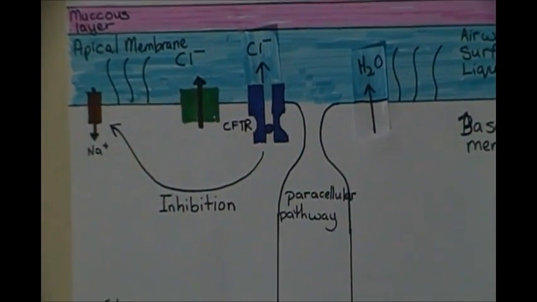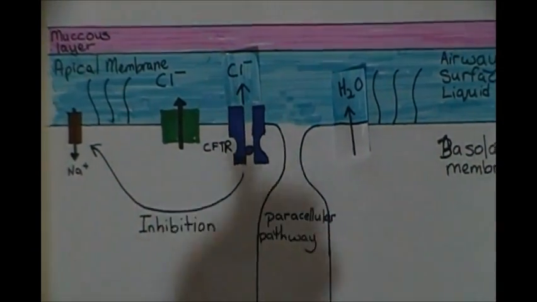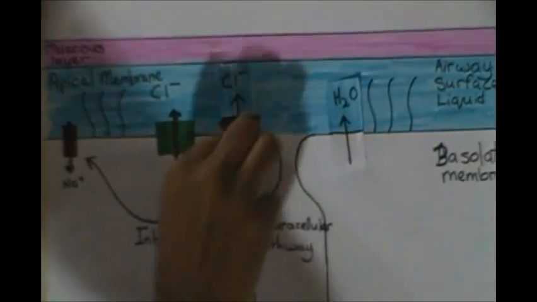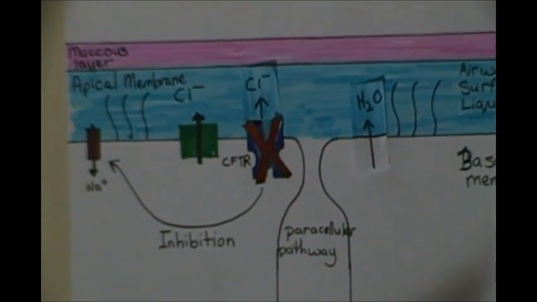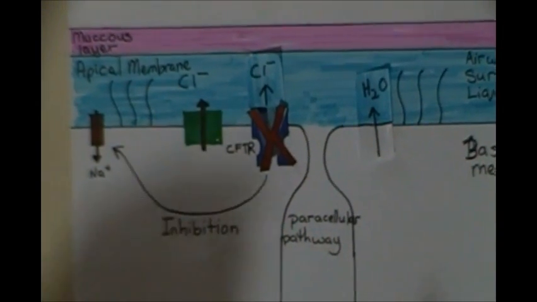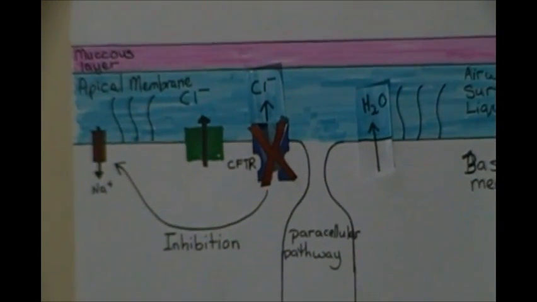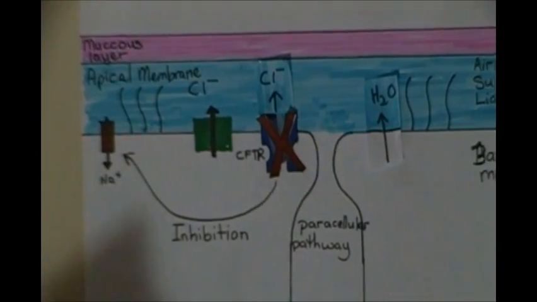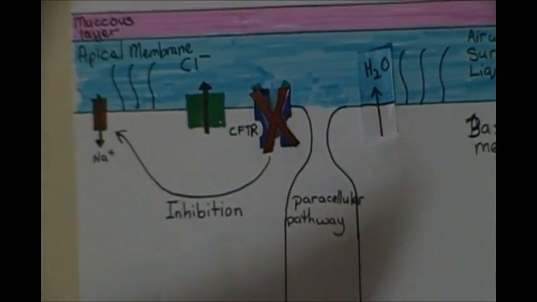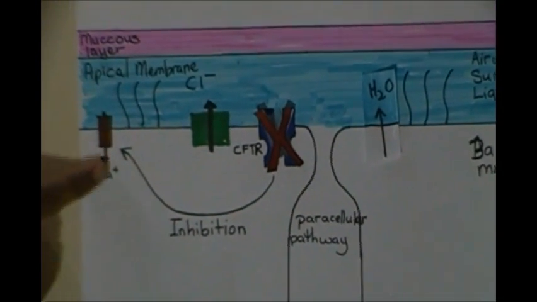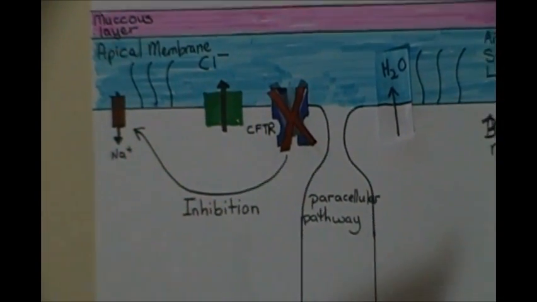Therefore, if the CFTR is inactive or insufficiently functioning, this results in impairment of chloride transport and an enhancement in sodium absorption.